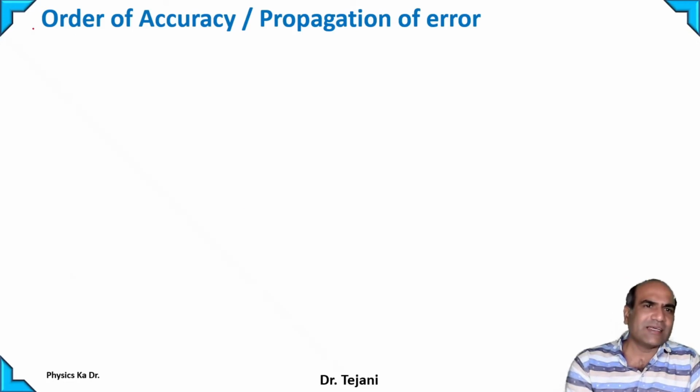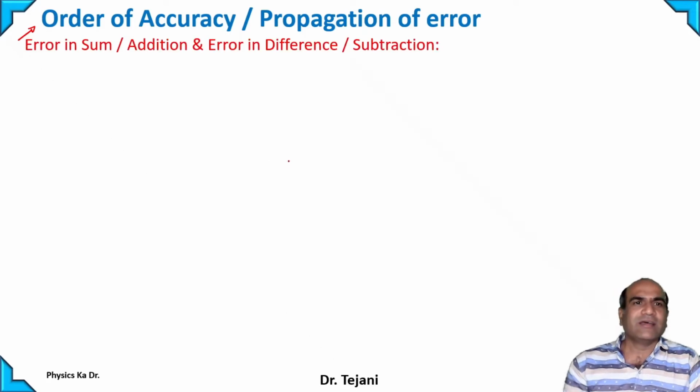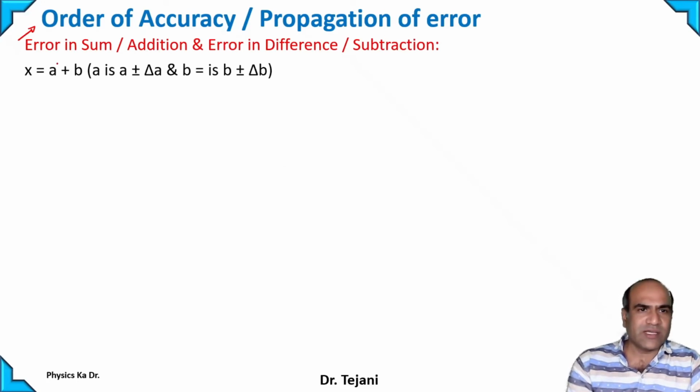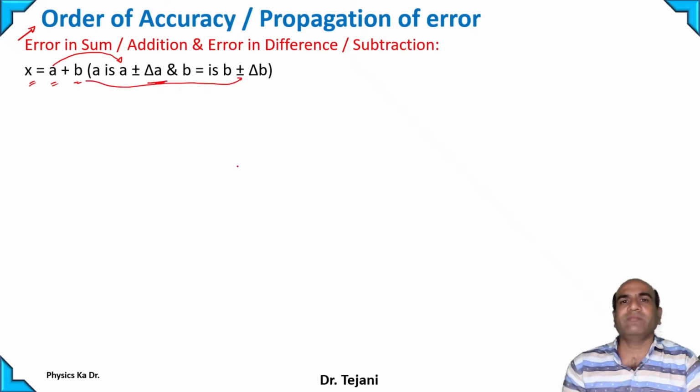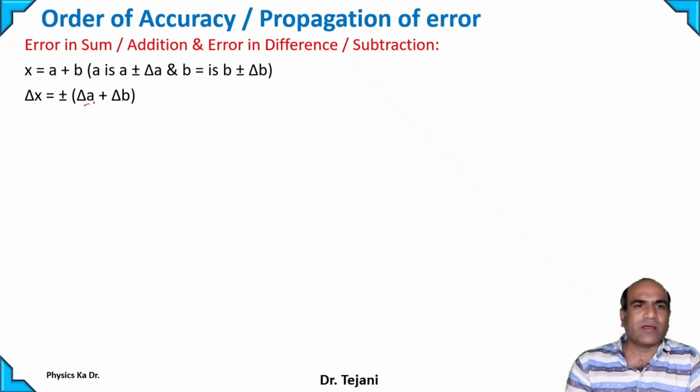Now next is order of accuracy or propagation of error. First, error in the summation, addition, or the difference, subtraction. In this case x is equal to a plus b, where a has some error, a plus or minus delta a, and b also has some error, b plus or minus delta b. So delta x is equal to, again, we need to add the errors.